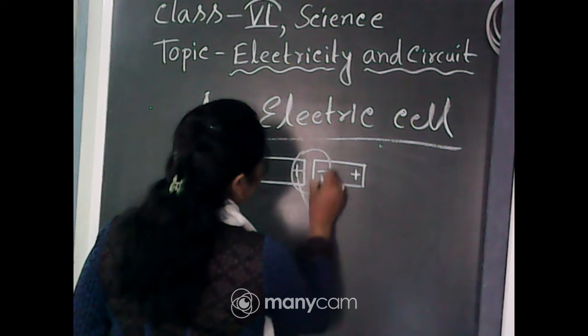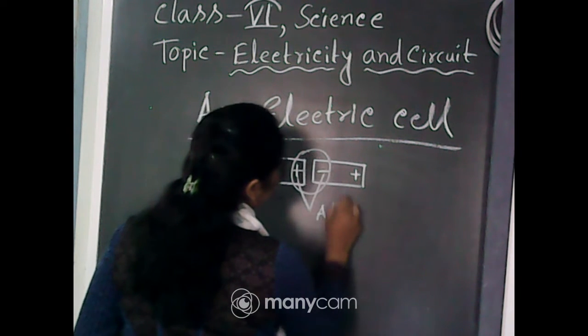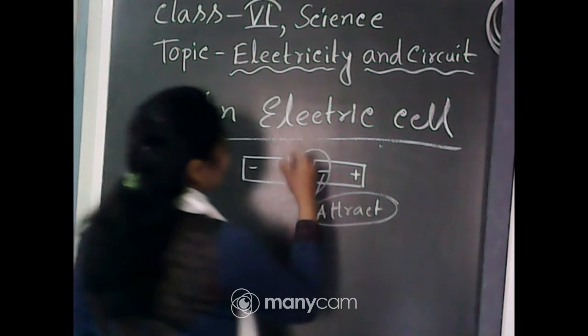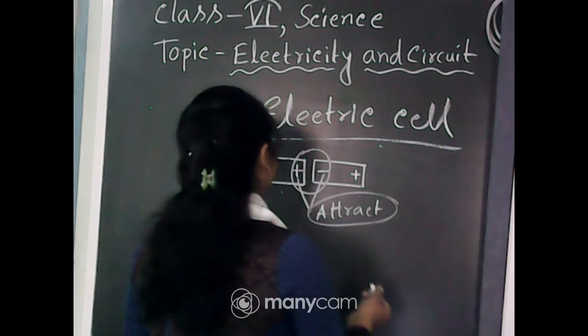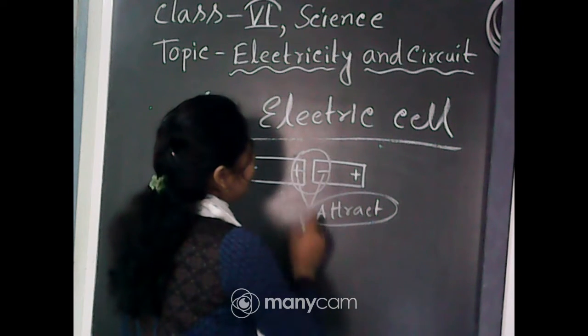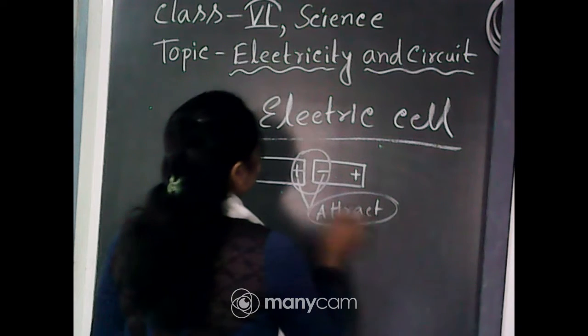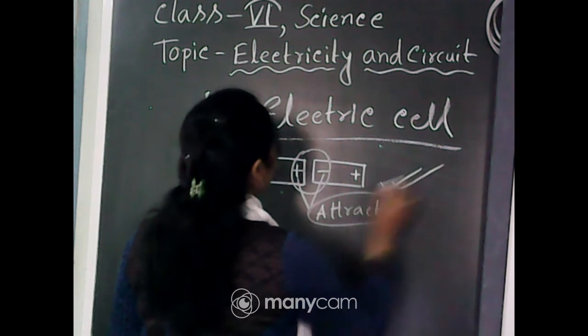This positive end and negative end will attract each other. So, the positive terminal should be placed beside the negative terminal so that they can conduct electricity. Okay. Now this will be the correct figure.